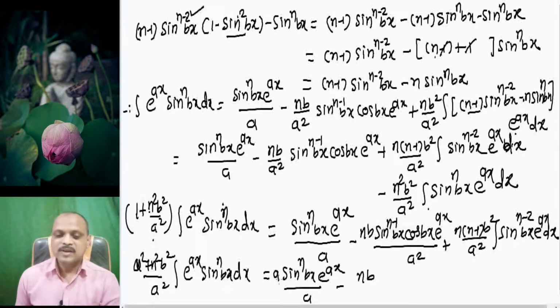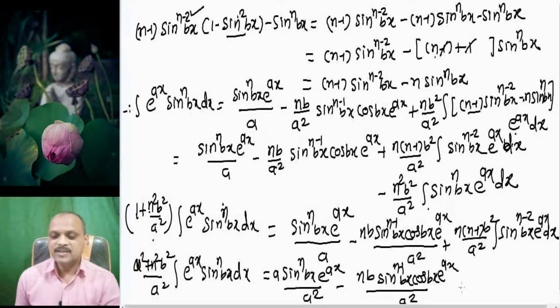Okay, so here we multiply by a and we take here a square, sin raised to n minus 1 bx cos bx e raised to ax divided by a square plus n into n minus 1 b square divided by a square integration of sin raised to n minus 2 bx e raised to ax into dx.